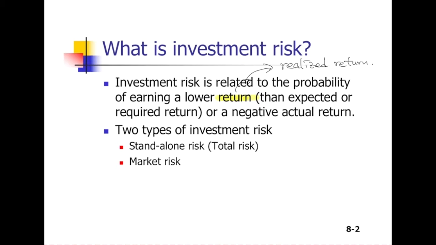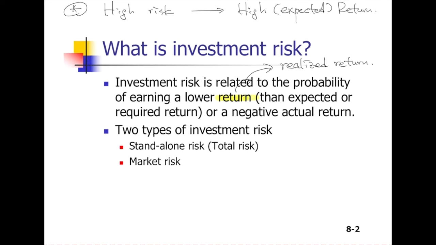So I would like to show you one fundamental relationship between risk and rate of return. Yeah, high risk should be compensated with a high required rate of return, right? So we can expect a high expected return.